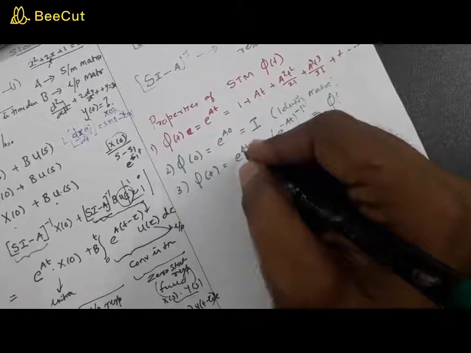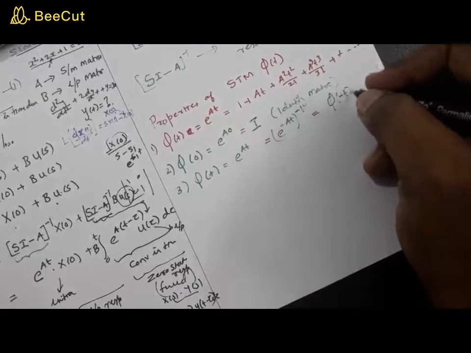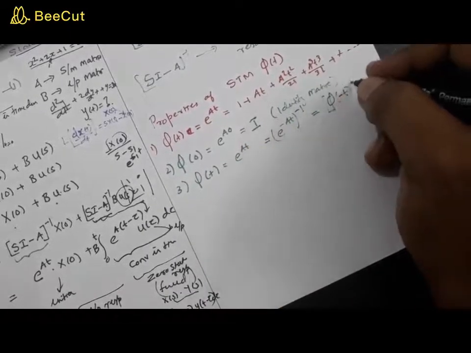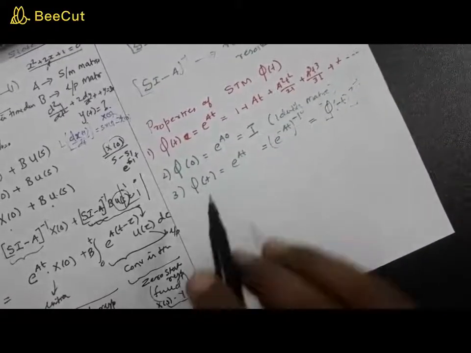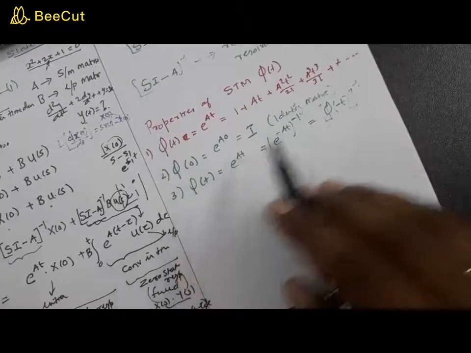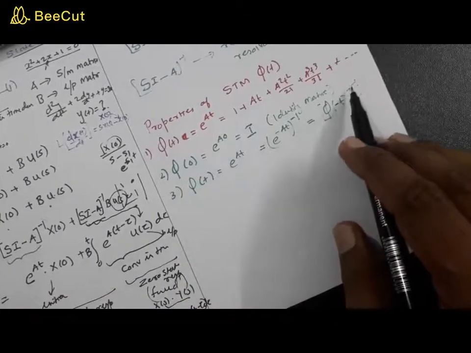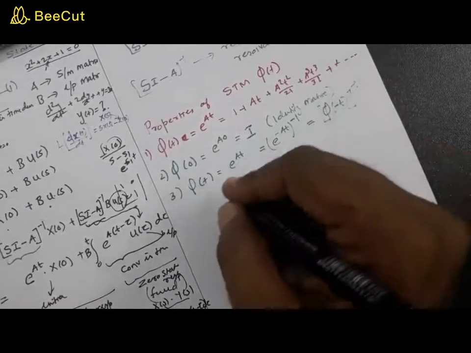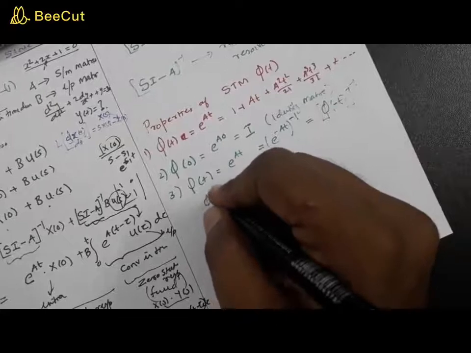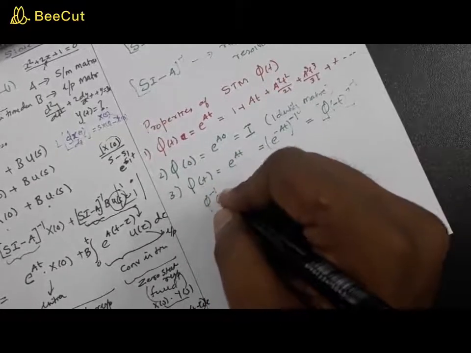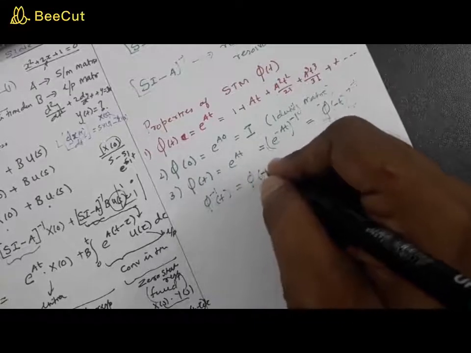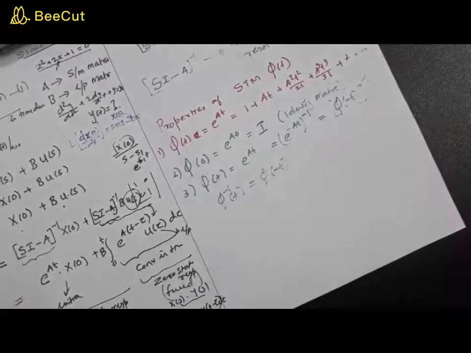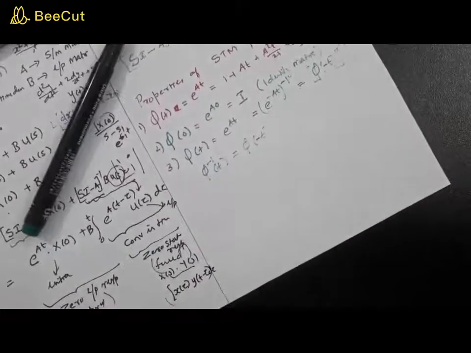This is phi of t is e raised to minus t. Phi of minus t, the whole inverse, right? So phi of t is equal to phi of minus t, the whole inverse. Or from this you can arrive at a conclusion that phi inverse of t is nothing but equal to phi of minus t.